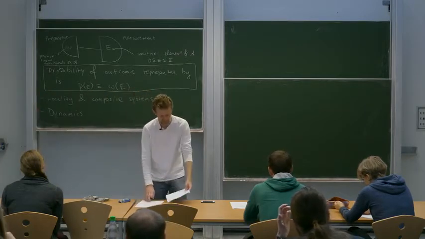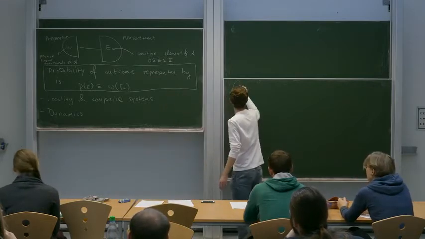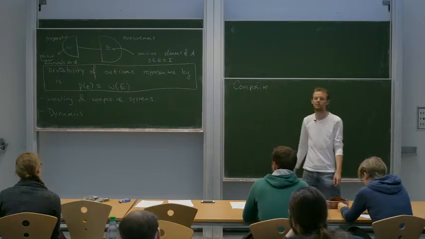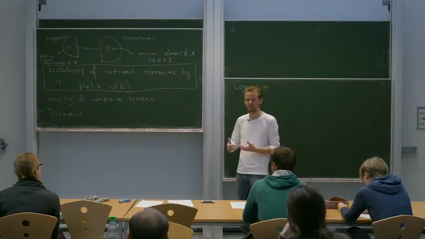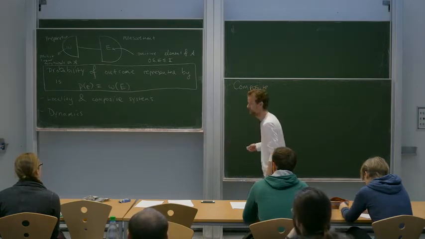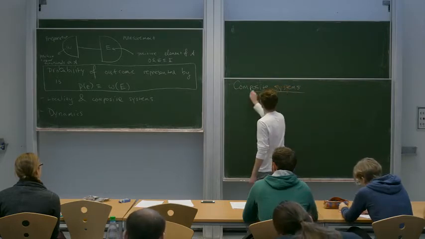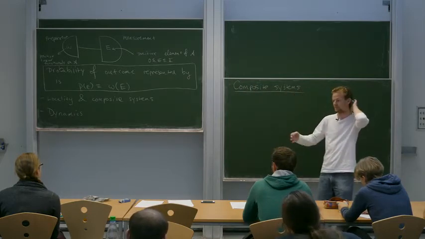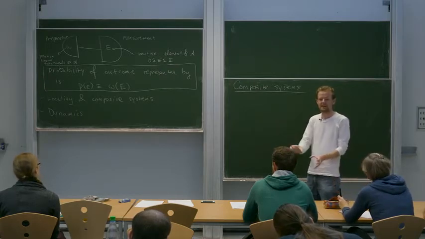Composite systems. Okay. The main task when we want to describe a composite system is we have to say what mathematical objects represent joint measurements or measurements on more than one system. What we want to do is come up with a mathematical way to represent quantum systems made of many other quantum systems.